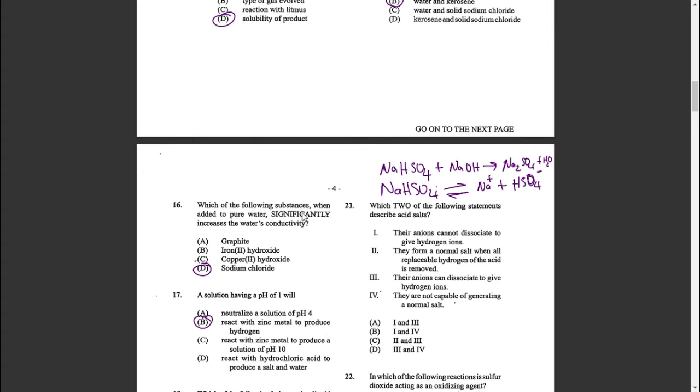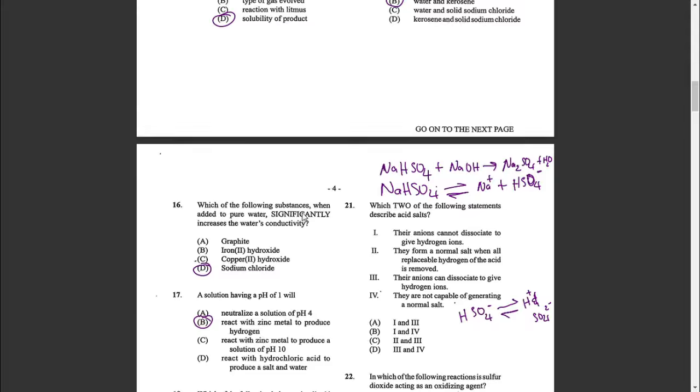The bisulfate anion can dissociate into H+ and SO4 2 minus. It can also react with water to release the H+ to the water, forming the hydroxonium ion and the sulfate ions.